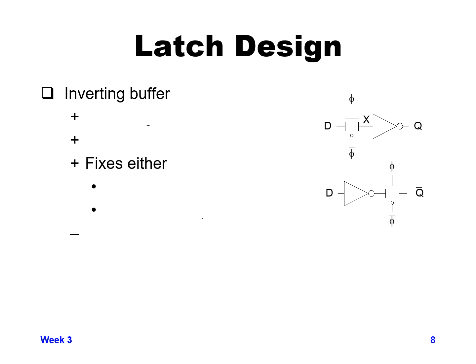Continuing to add on to our latch design, instead of just using a pass gate, we can do a pass gate followed by an inverting buffer. We get a few additional pros and cons from this design. One pro is that it is a restoring design.